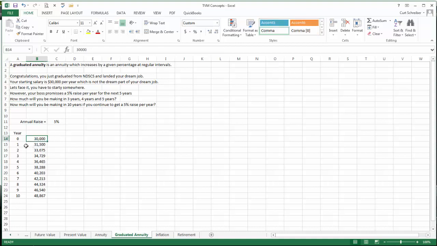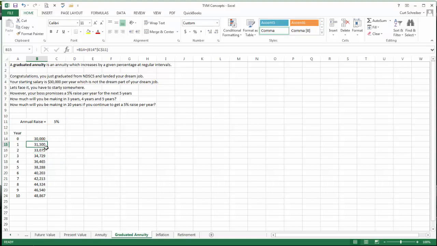Well, today, if you're going to get $30,000, 1 year from now that's going to grow at a rate of: the 30,000 equals the 30,000 plus the 30,000 multiplied by 5%. And on that 5%, I better make sure I get my absolute referencing in.